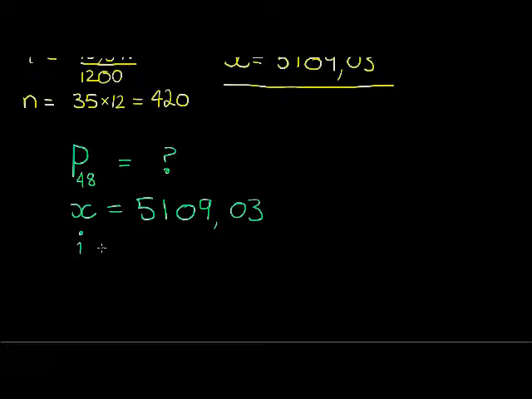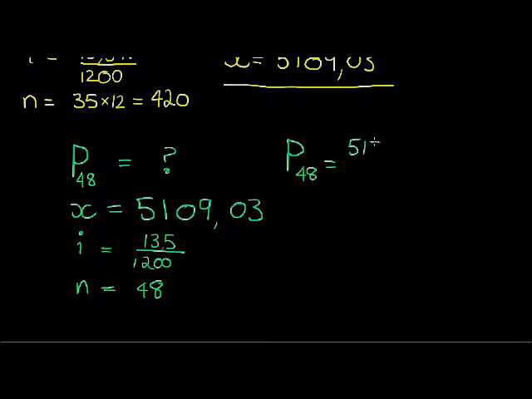The interest hasn't changed. It still stays 13.5 over 1200. And neither has the number of payments that are left, or rather, this time the number of payments that are left has changed. This is now 48. So what is the amount when 48 payments are still remaining?